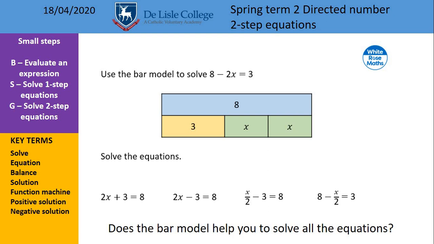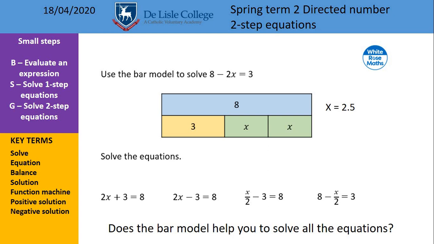So likewise, if I was to do 8 minus the other side, 8 minus 2x, that would leave the 3. So 8 minus 2x equals 3. Again, there's various different ways we could write that. Hopefully then, by solving it, you got the answer of x equals 2.5.